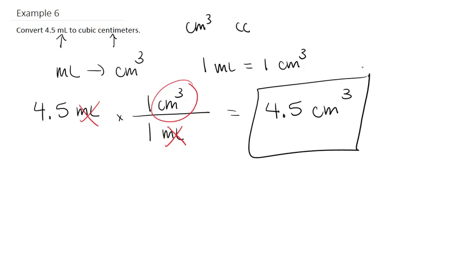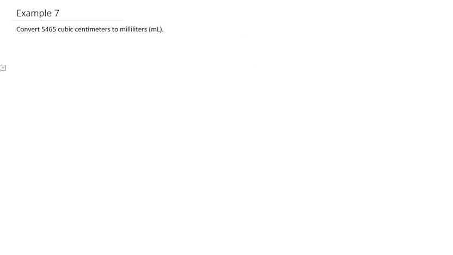So that's just 4.5 cubic centimeters. Now let's do another example. Example 7. Convert 5,465 cubic centimeters to milliliters. So this time we're going the reverse direction. We're going from cubic centimeters to milliliters. We know 1 cubic centimeter is equal to 1 milliliter.